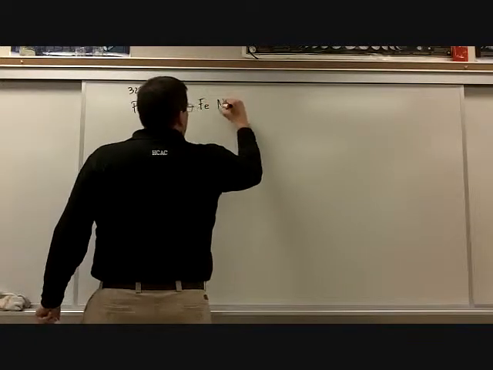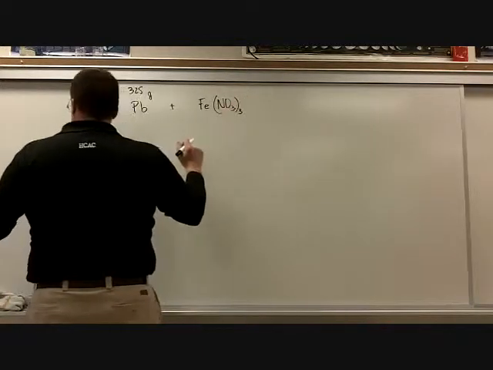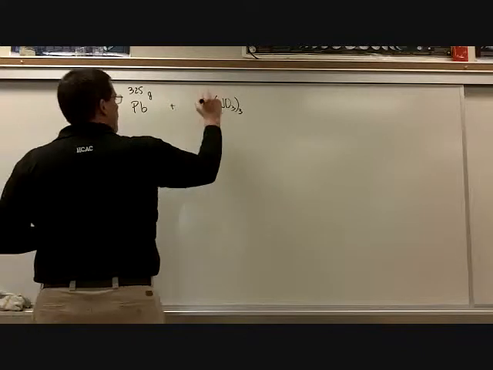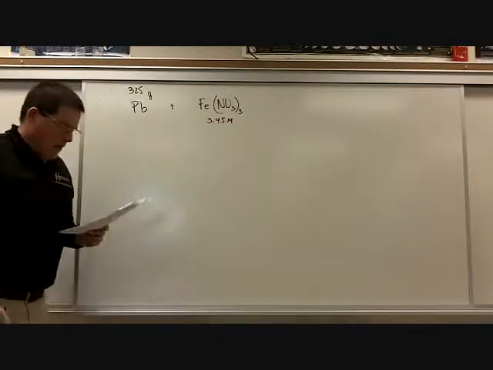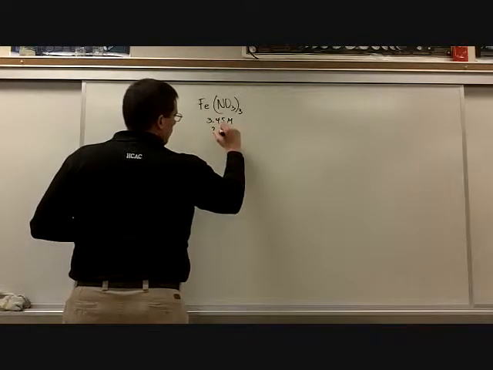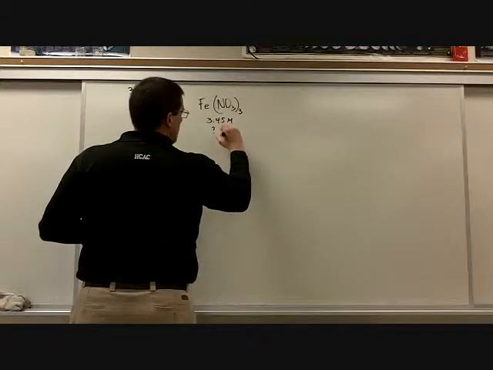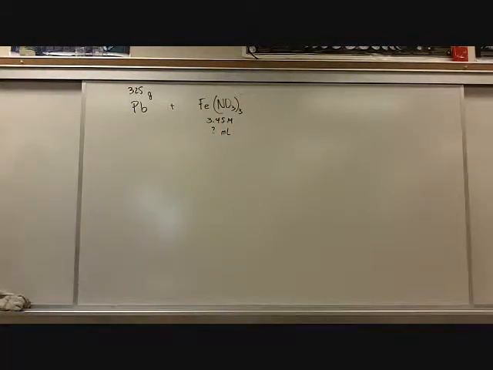So we need 3 of those. And it says we have 3.45 molar. Calculate the volume. Okay, so we're looking for the volume in milliliters of the iron 3 nitrate needed to completely react with all the lead in the single replacement.